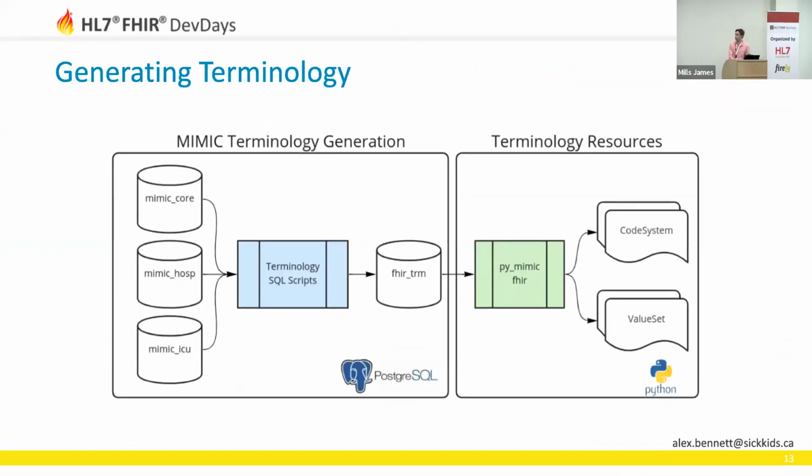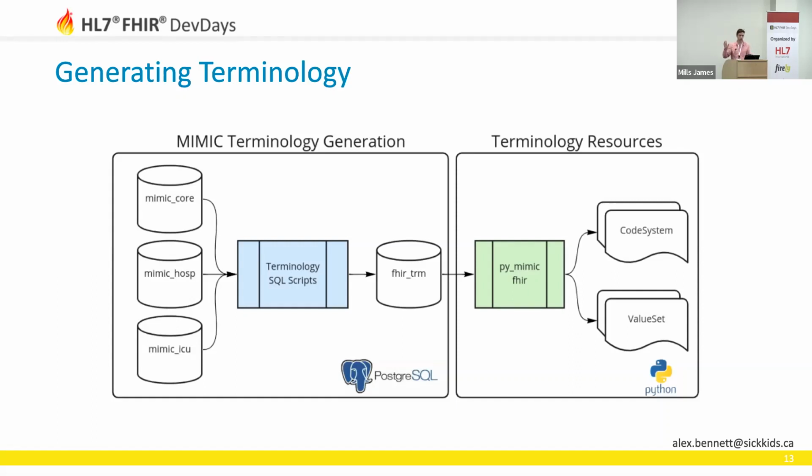And so the generation of terminology looks like this. On the left, we've got these MIMIC schemas, and they're feeding in, we've got it all in Postgres, and so feeding it into SQL scripts to pull out your codes, your displays, and what your final code systems will be.